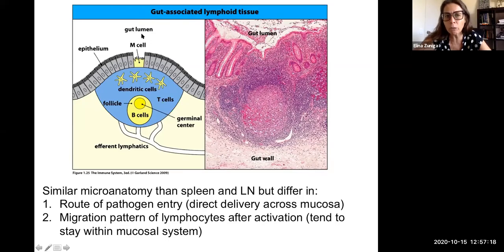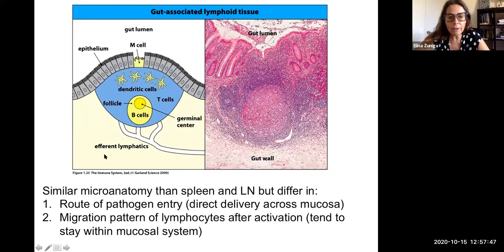The antigen or the pathogen is directly delivered via these cells that are called M cells, phagocytic cells that can deliver antigen from the gut lumen directly into these lymphoid tissues, okay? And in these lymphoid tissues, there are dendritic cells that now can present this antigen to the T cells to initiate the immune response.